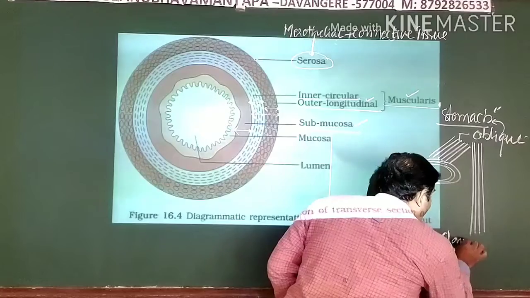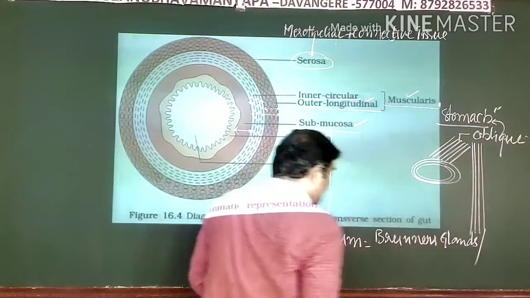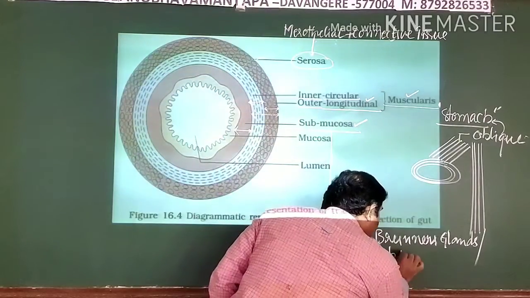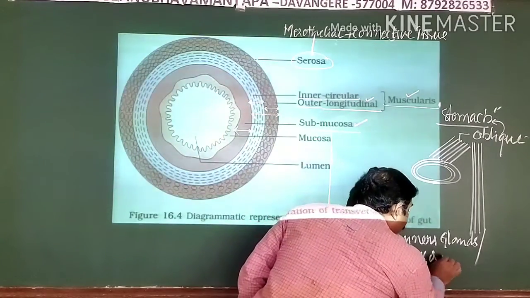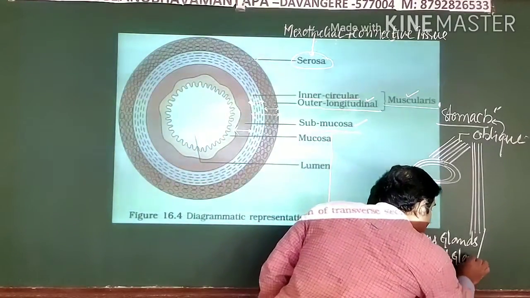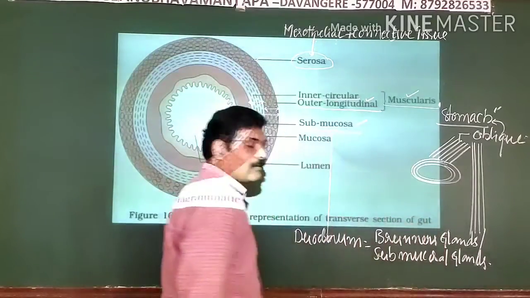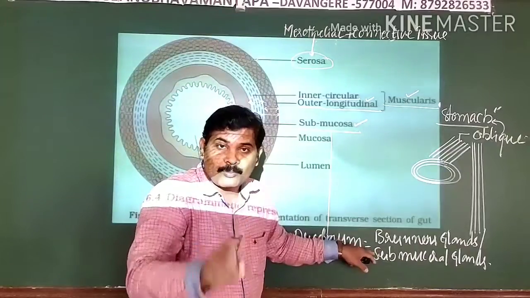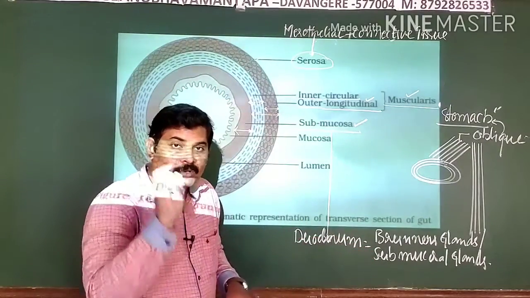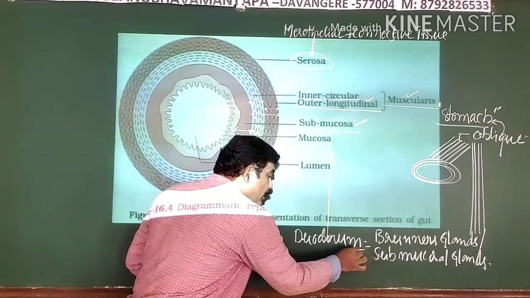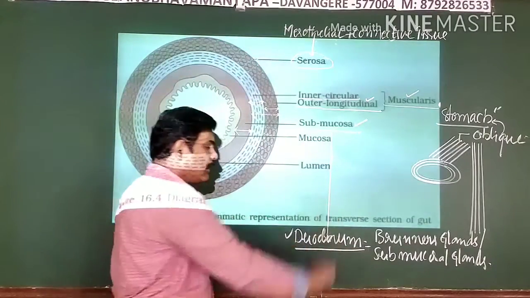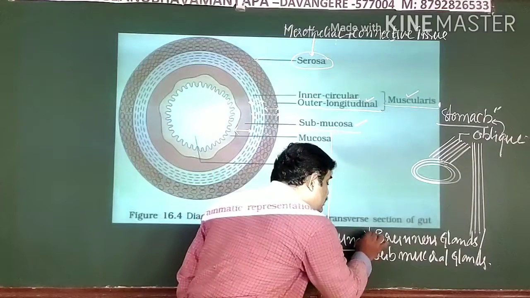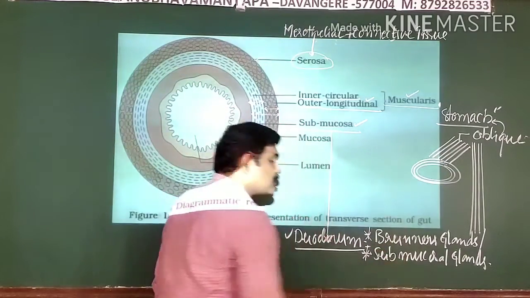Since they are present in the submucosa, we consider them submucosal glands. So where are these glands present in the alimentary canal? They are not present all along its length, only in the duodenum region.